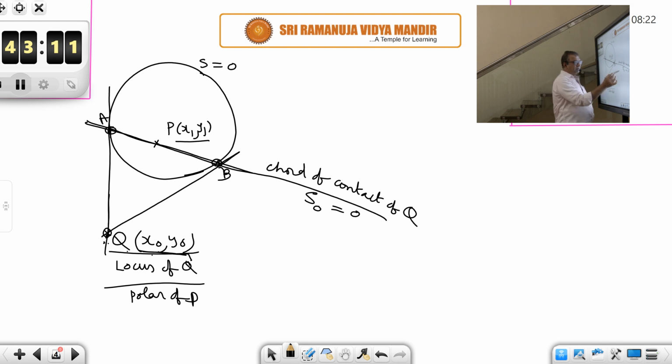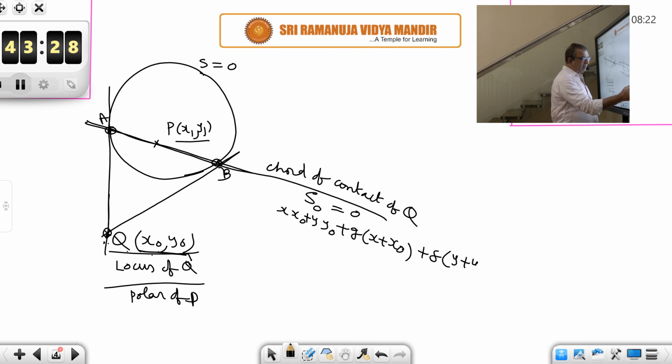What is S0? x x0 plus y y0 plus g into (x plus x0) plus f into (y plus y0) plus c, that is the chord of contact, is equal to 0. But which point does it pass through?